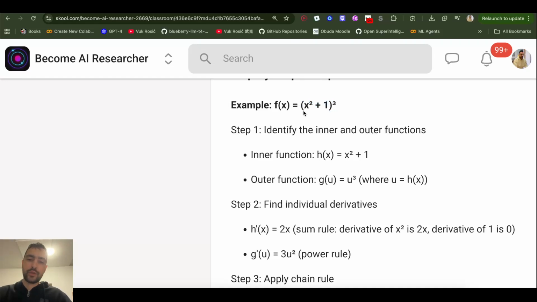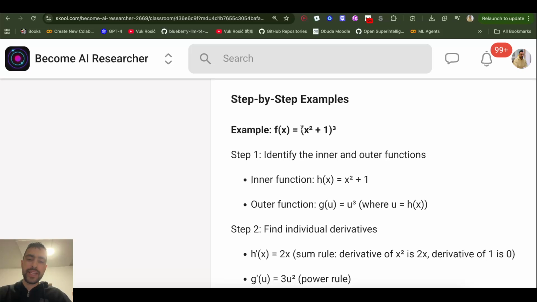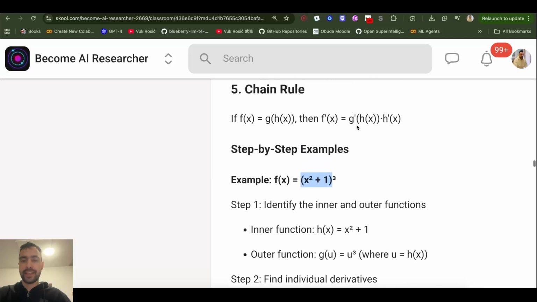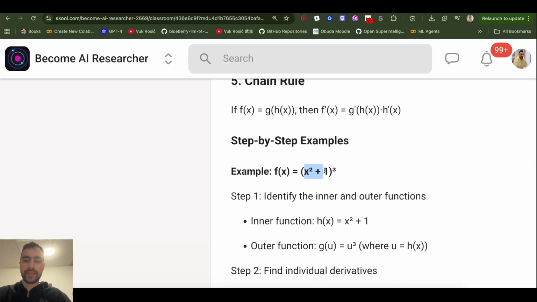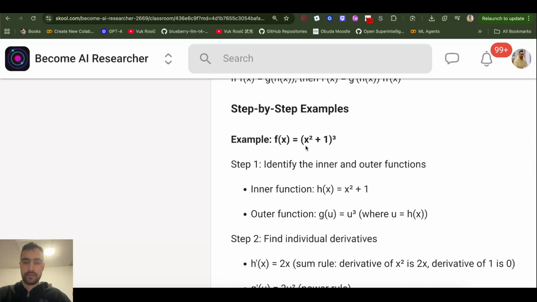Then that would be 3 times this in brackets to the power 2, because at first we look at this as just x. And then we say times the derivative of this, which is going to be x. Oh no, it's going to be 2x. The derivative of this is 2x.